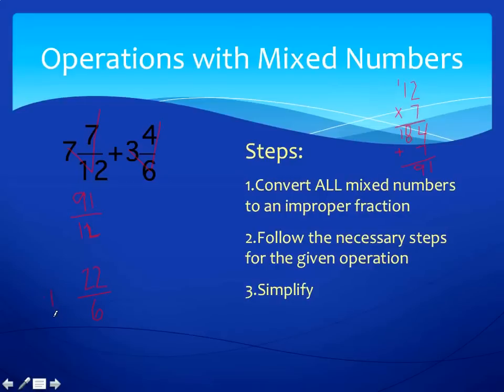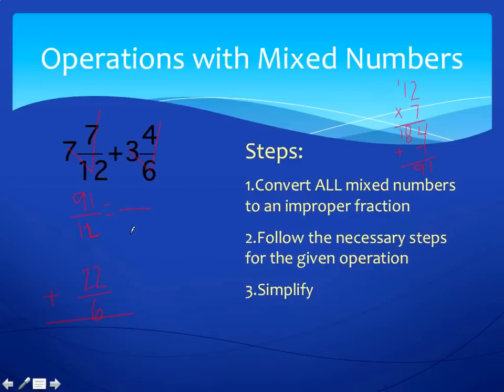And I wrote it down below because the operation in here tells me to add. And I know when I add, I want to leave my fractions lined up vertically. So now I have to complete lesson 2, following the necessary steps. Well, since I'm adding, I need to find a common denominator. All right, and I have a 12 and a 6.